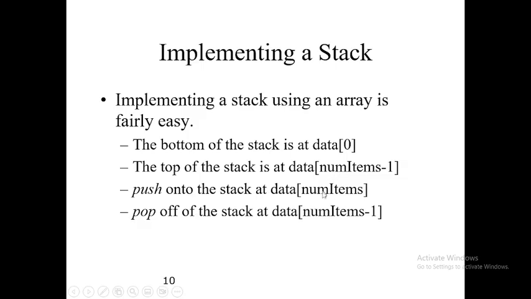As of now I am discussing 0, 1, 2, 3, but in real time it may be book numbers or item numbers. For easy understanding, we are taking numerical elements 0, 1, 2, 3, 4. If you want to push some item, you can represent it like this, data of that item number.